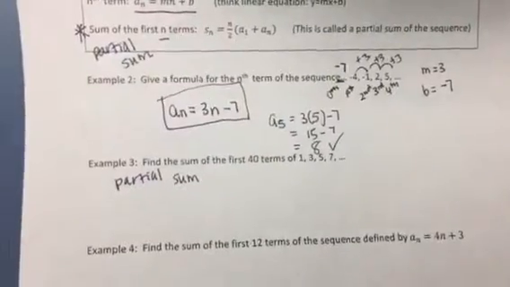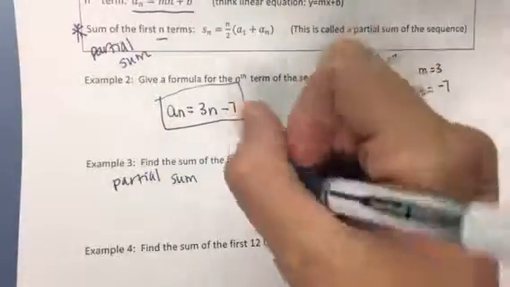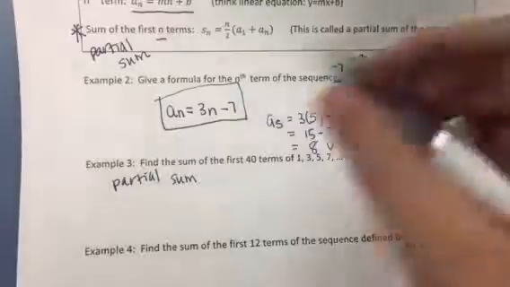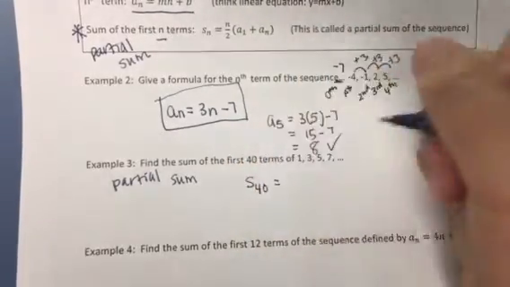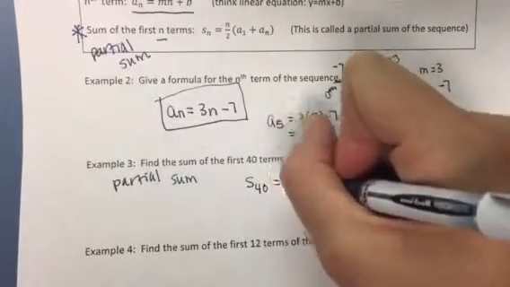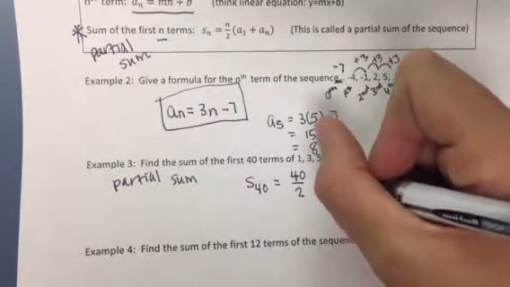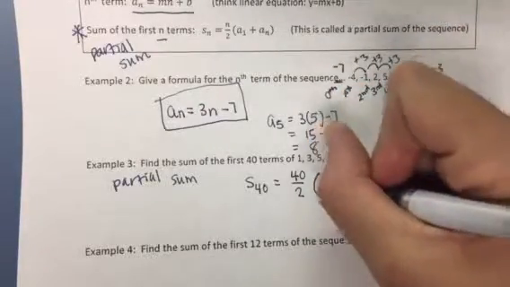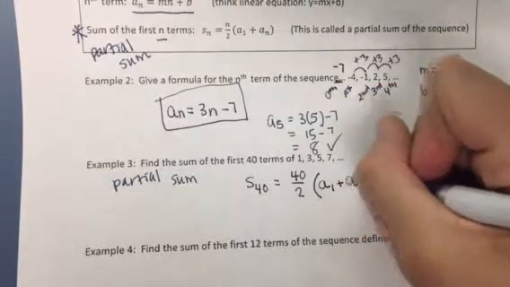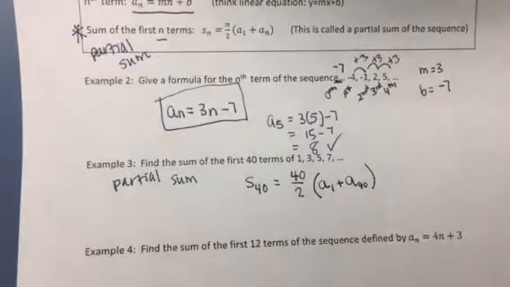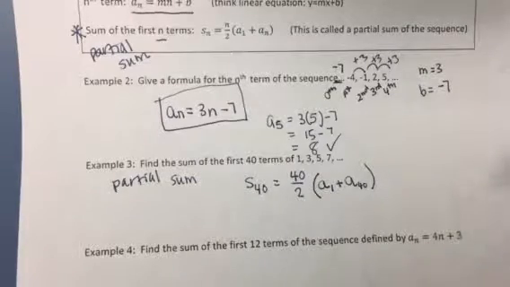We're going to use the formula that we're given up here in the box and say that the sum of the first 40 terms is equal to 40 divided by 2 times, let's see, our first term, a sub 1, plus our 40th term, a sub 40. All right, so we're going to need to know what that 40th term is.